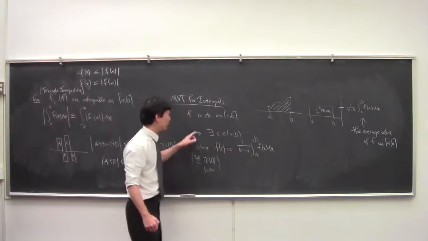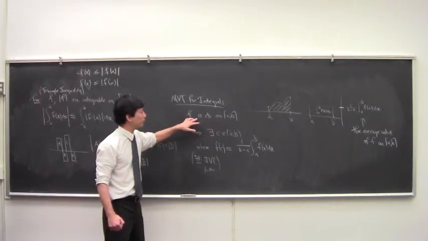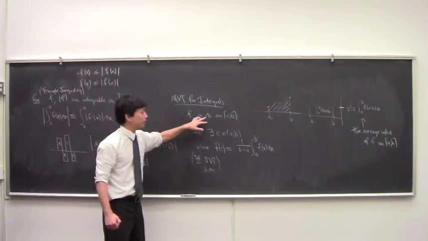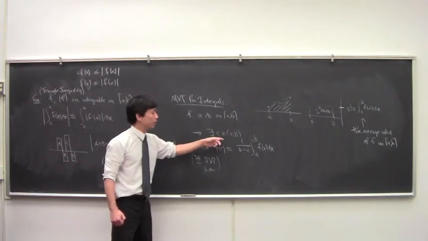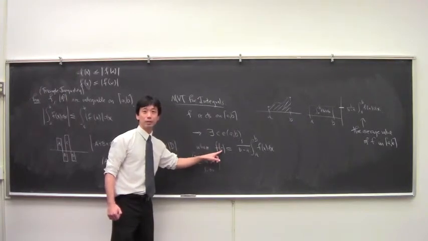And so what the mean value theorem is saying is that if f is continuous on [a, b], then there is a point where you reach that mean value.